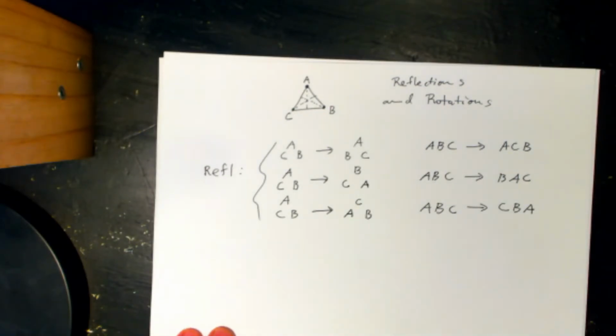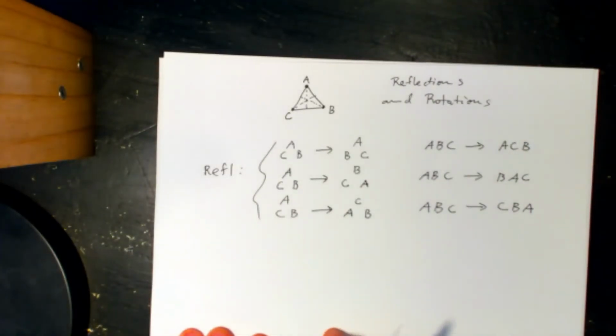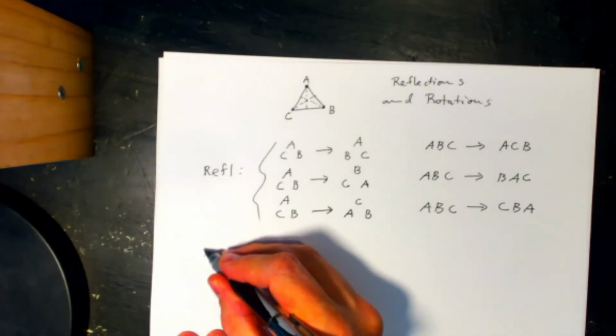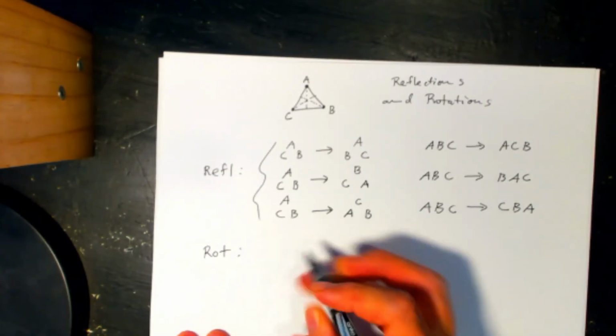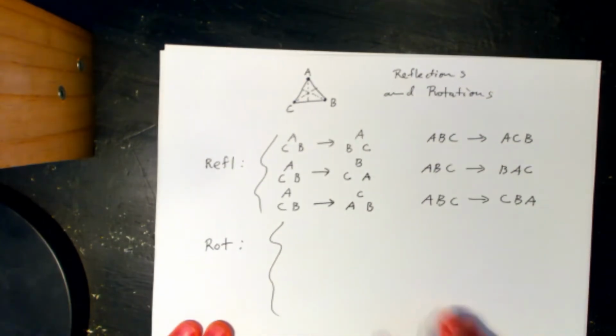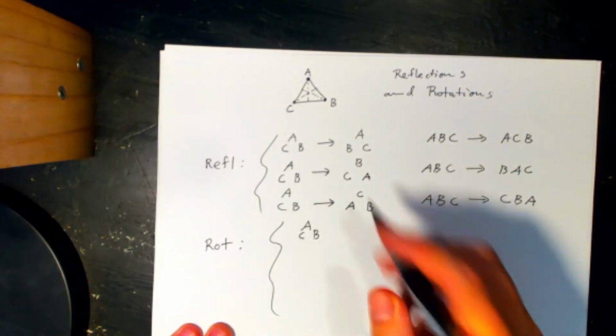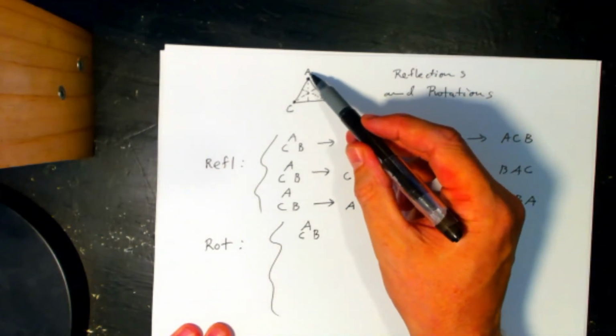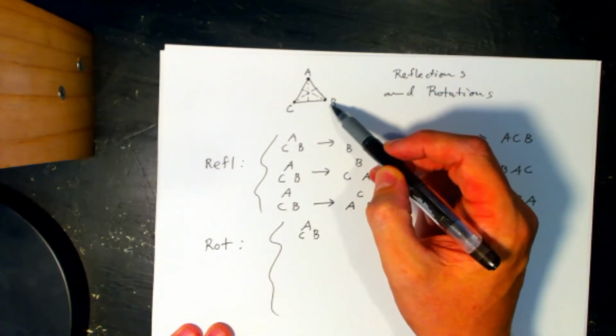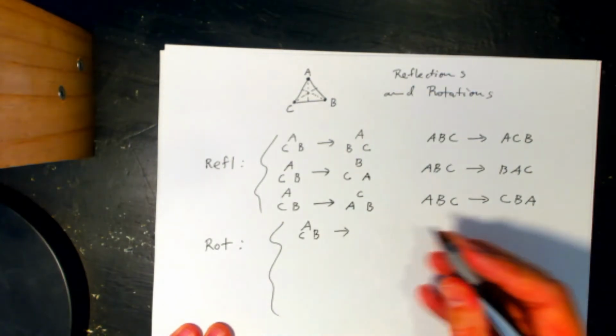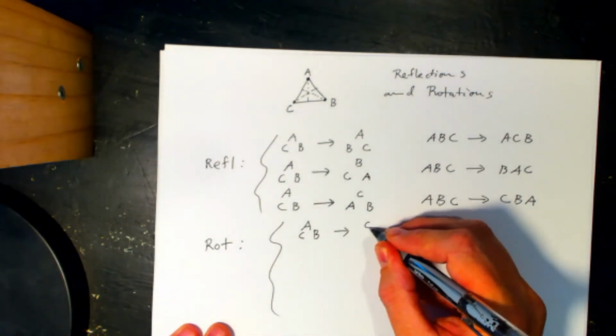Okay, but there are more when I include rotations. So if I rotate this triangle here, I would rotate 1 over, let's go clockwise, so I would then have C at the top.